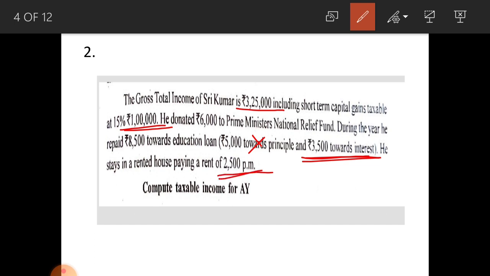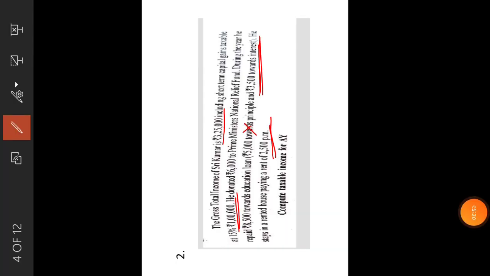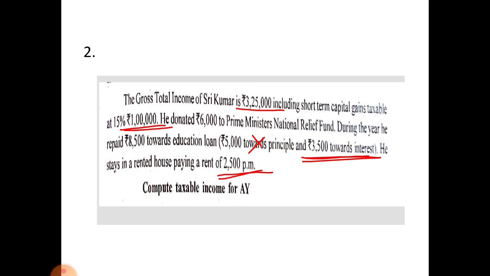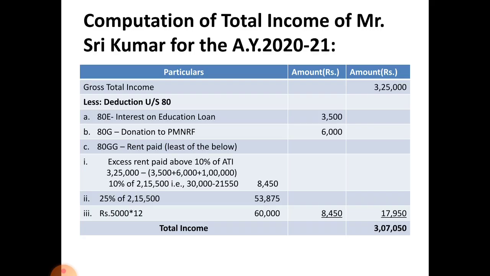This comes under section 80 GG. As we calculated in the previous problem, you have to calculate in this problem also. Compute taxable income of Mr. Kumar for the assessment year 2020-21. See the solution. Computation of total income of Shri Kumar for the assessment year 2020-21.